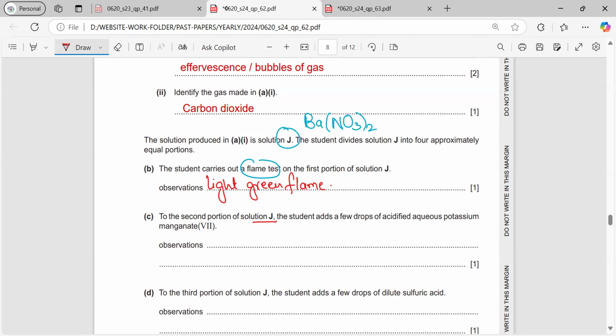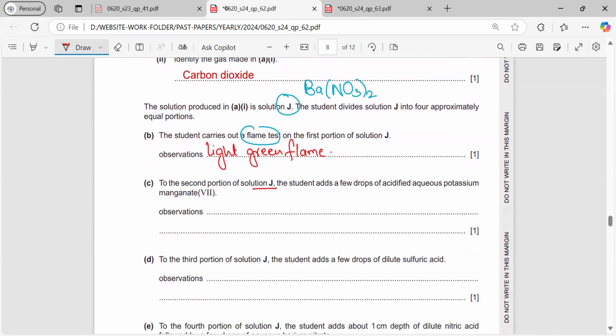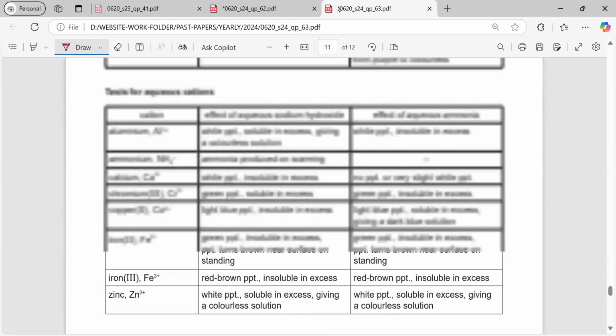Now, a student adds acidified potassium manganate. So what happens to potassium manganate? Here we have barium nitrate, which means there is a nitrate ion and a barium ion. Adding aqueous potassium manganate is a test for sulfite ion.